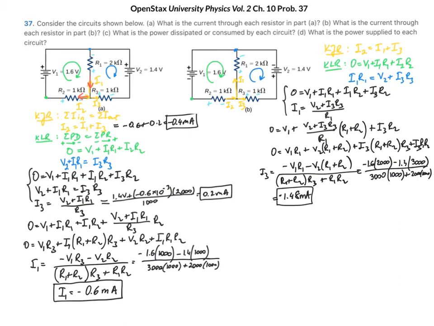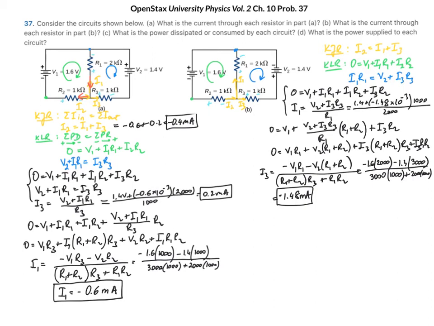All right, so now we have I3. We can find I1. So I1 is, what's V2? 1.4 plus I3, negative 1.48 milliamps, times R3, and that is 1 kilo ohm, divided by R1, which is 2000.